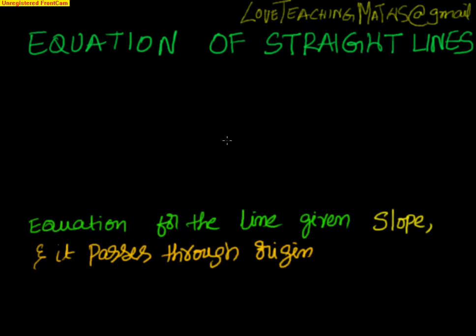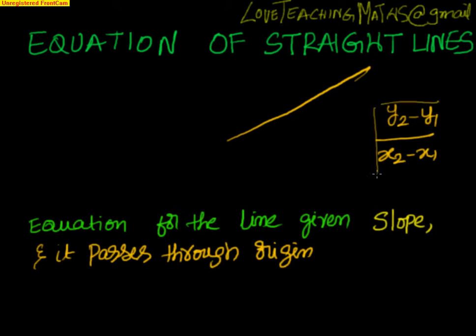The concept is, if I have a straight line, how can I find out the slope of a straight line? How many points do I need to know the slope of a straight line? I need 2 points. We have seen that already, right? y2 minus y1 by x2 minus x1. Just remember, those are 2 points on that particular line. There are infinite number of points on that line.